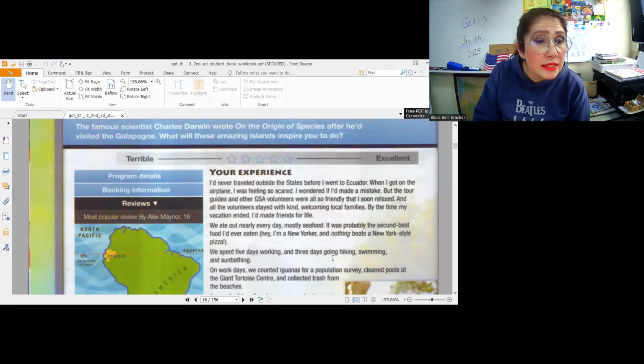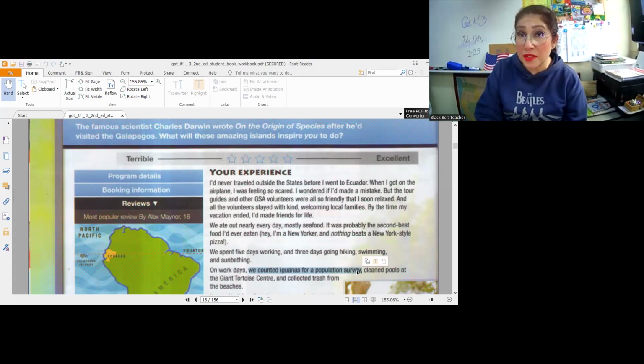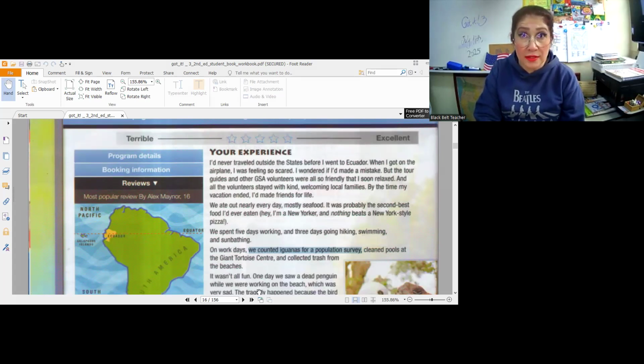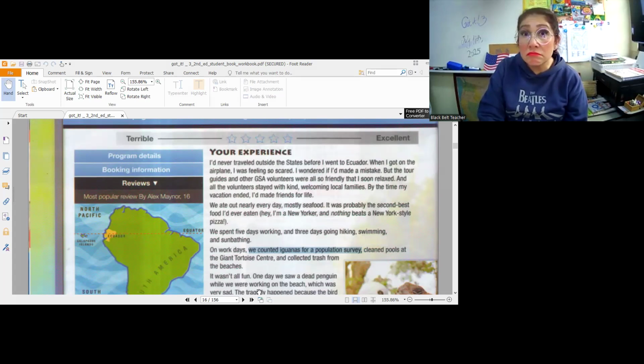Counting the iguanas. Here. On work days, we counted iguanas for a population survey. A survey is research, concerning statistics, numbers. So yeah, they counted iguanas to check if the population is growing or diminishing.